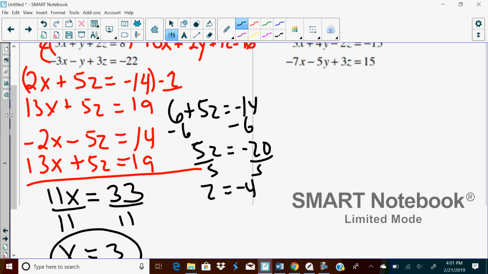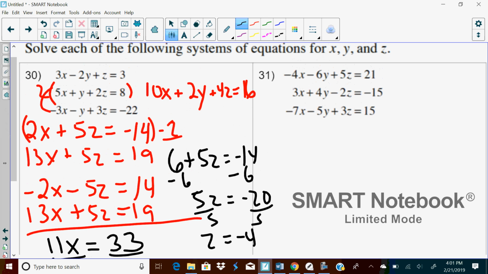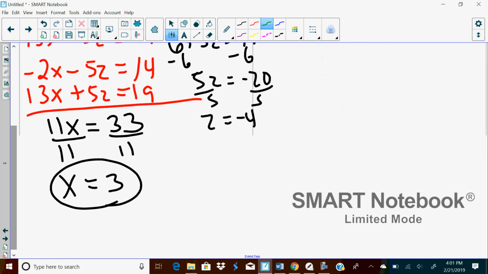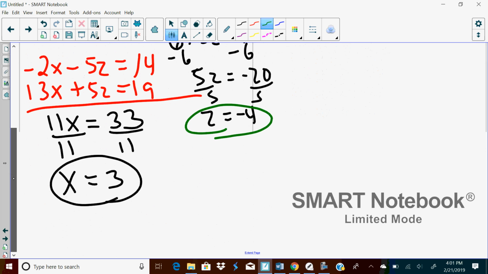So then I plug it back into any of the top ones. So I'm going to do it to the first one. So I'm going to plug in the z, so I get 9 minus 2y minus 4 equals 3.